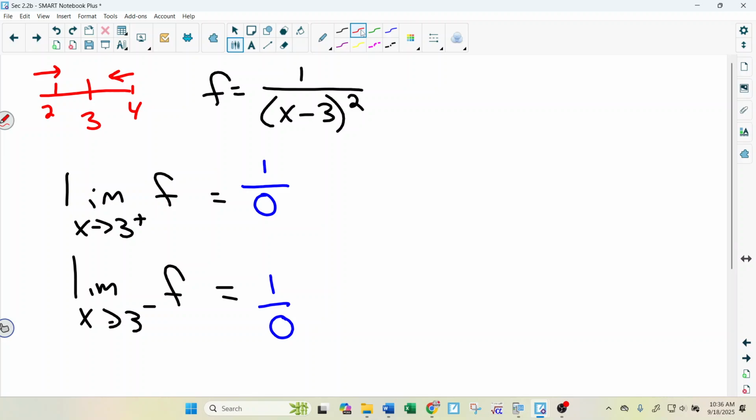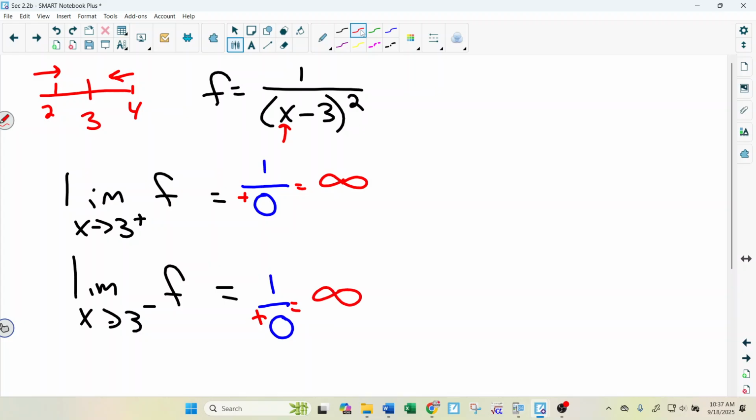So if we plug 4 in for x, what do we get? 4 minus 3 is positive, right? So this is positive. We're going to infinity. What happens if we put a 2 in there? 2 minus 3 would be a negative, but because it's squared, it's positive.